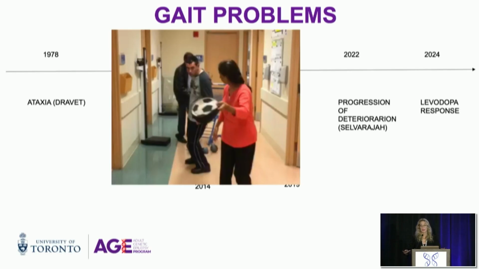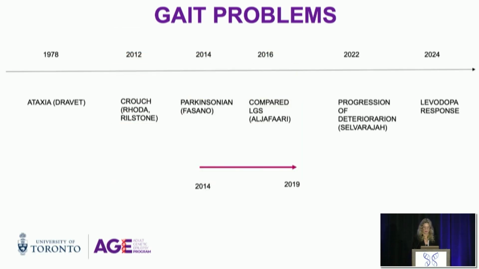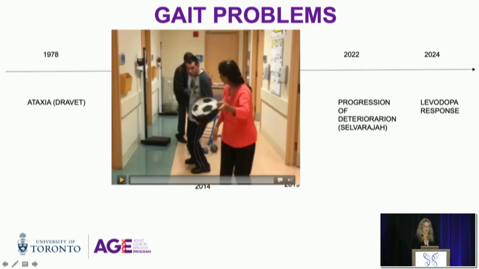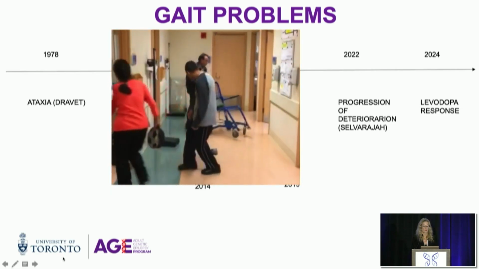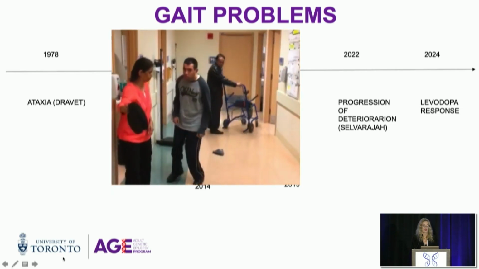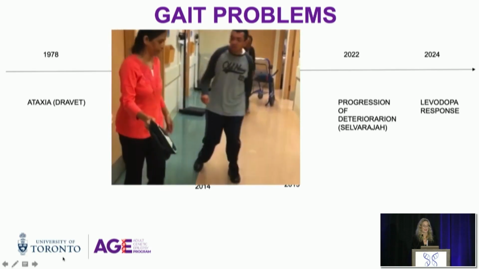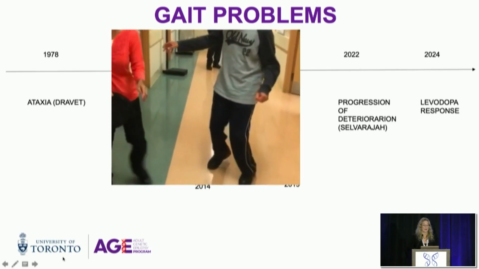So that's basically what patients with Dravet that have crouch gait are doing. They are lowering their center of mass so they won't fall down. And this is, oops, let me show. So you can see that as they walk, they do not extend.